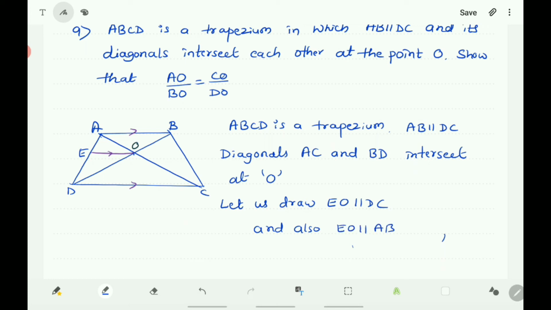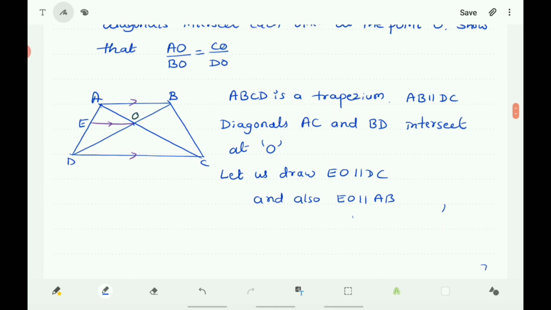You know that lines which are parallel to the same line are parallel to each other. Here, OE is parallel to CD and AB is also parallel to CD. Therefore, AB and EO must be parallel to each other.